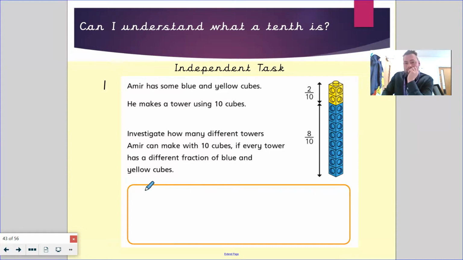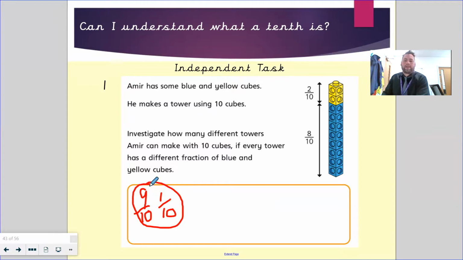If he had 9 yellow, the blue would be 1 out of 10. That's 1 tower. 9 yellow, 1 blue. And then 9 blue, 1 yellow.